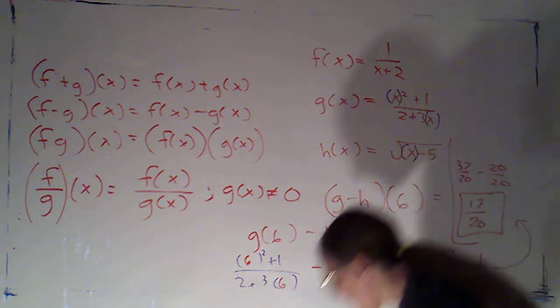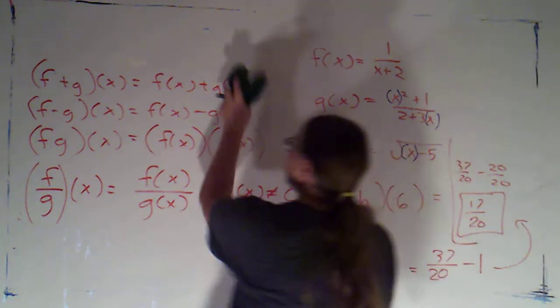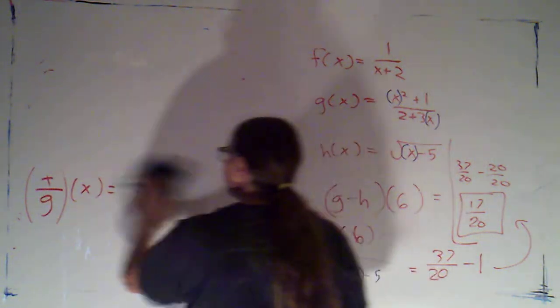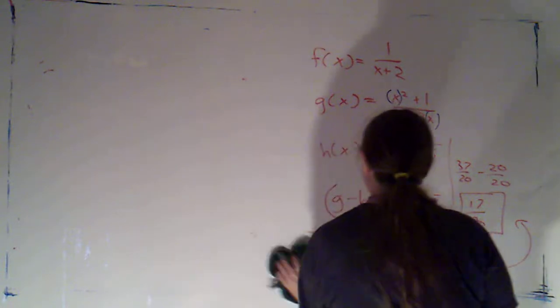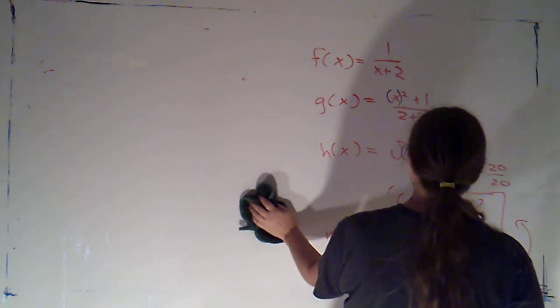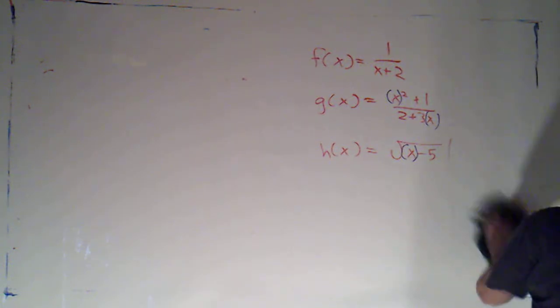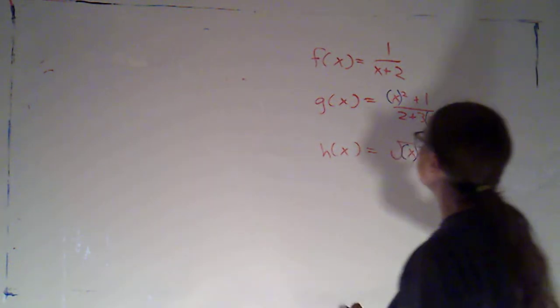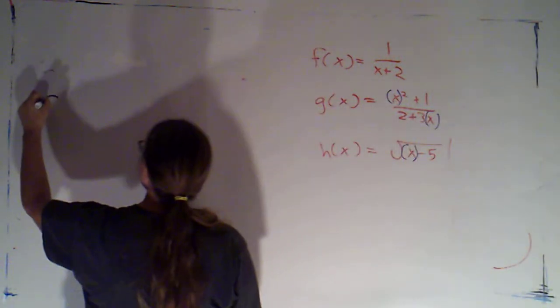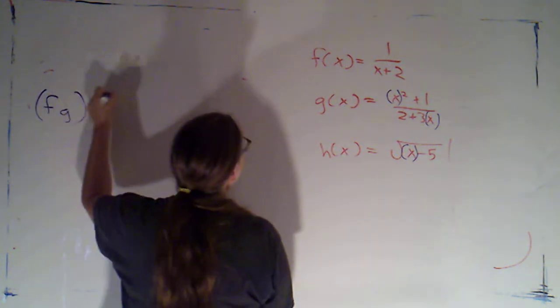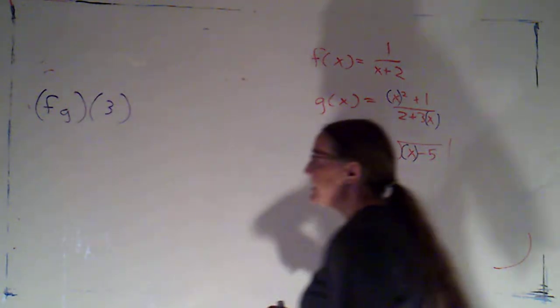All right, so I'm going to put up a few problems for you to try. Again, the basic idea is you just plug in the number to each function and then do the arithmetic with the results. Using these 3 functions, f, g, and h that I've given you here, I want you to evaluate f times g of 3.